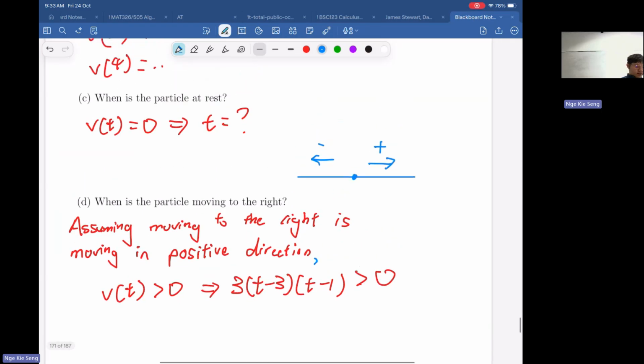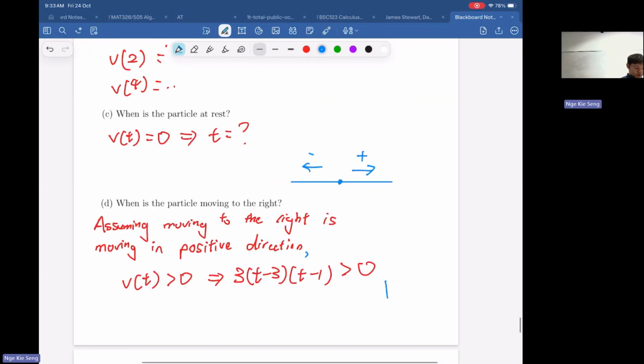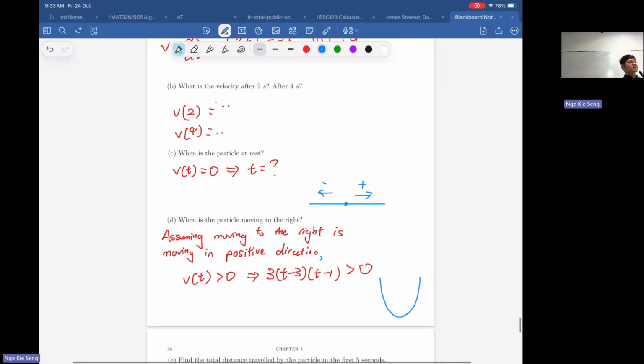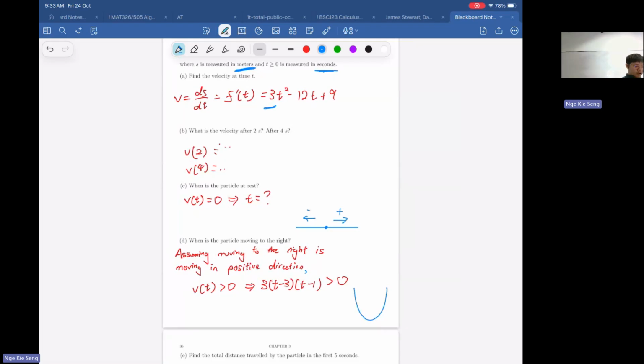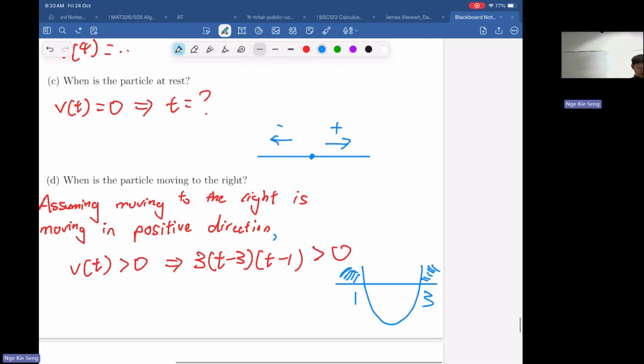Because this is a quadratic, you could draw the smile face or the sad face, right? Is this how you learned in high school? Because the coefficient of t squared is positive, it's a smile face. Then you label the two roots here, one is 1, one is 3. If you want the greater than 0 part, you should choose anything less than 1 or greater than 3.